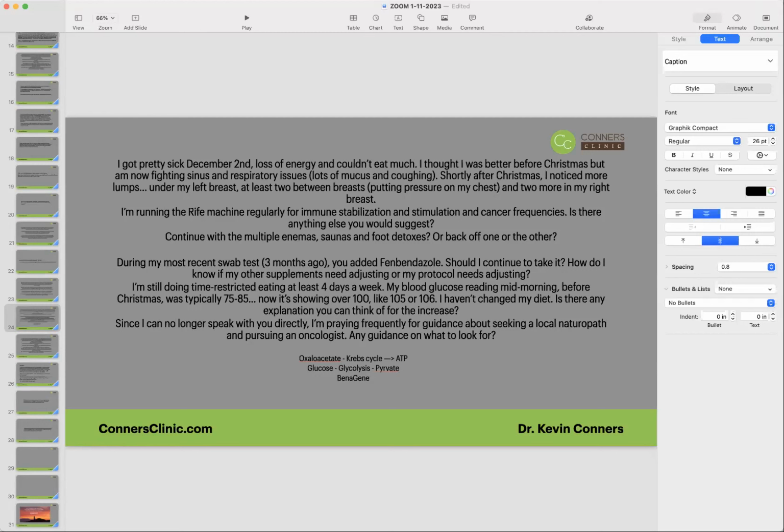A number of you are on Benagene. Benagene is oxaloacetate, but their label is 100 milligrams of oxaloacetate. That's still a good dose to start with. You could take 3 a day. That's what they recommend, 3 a day of the Benagene.